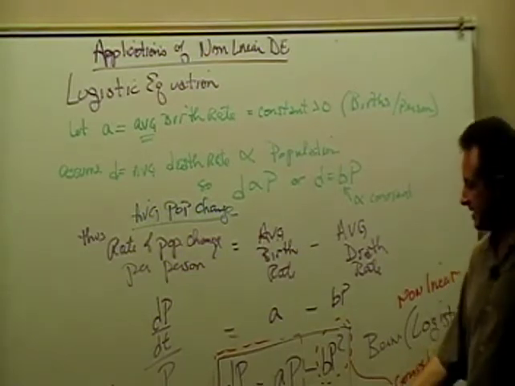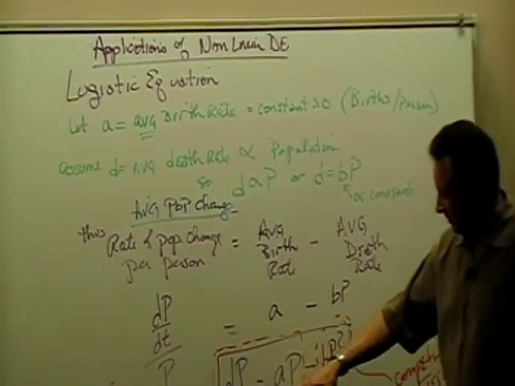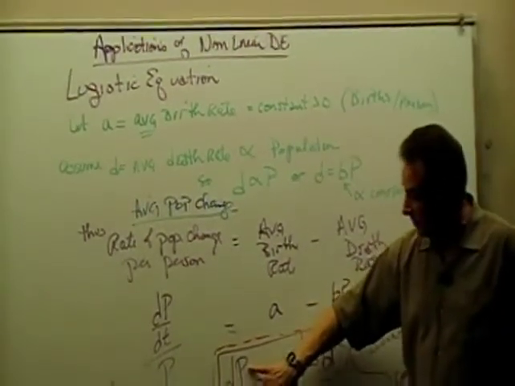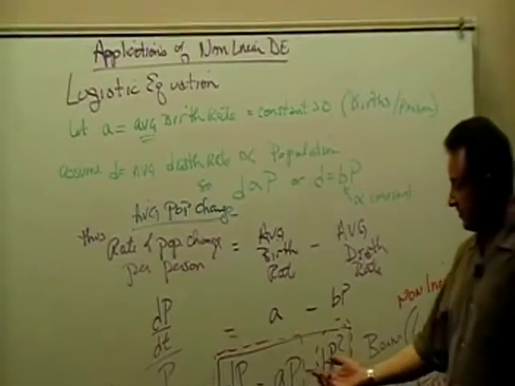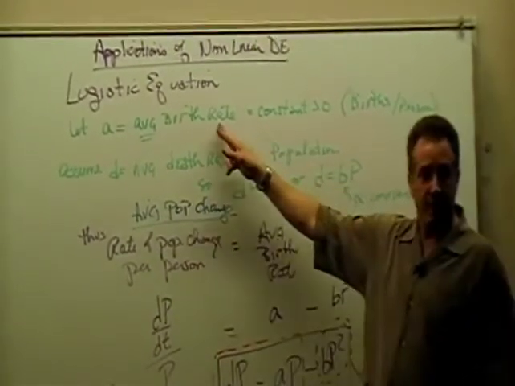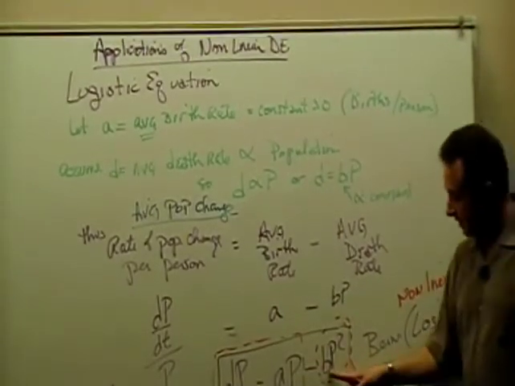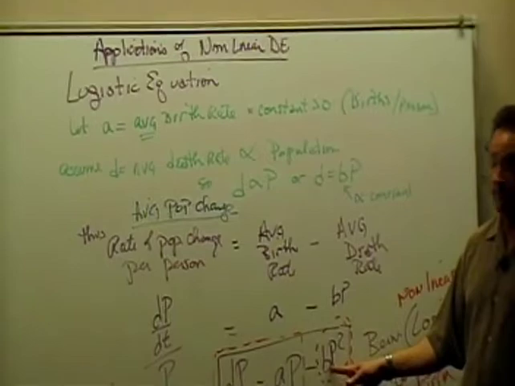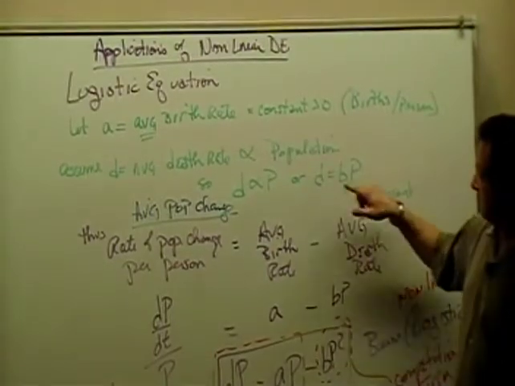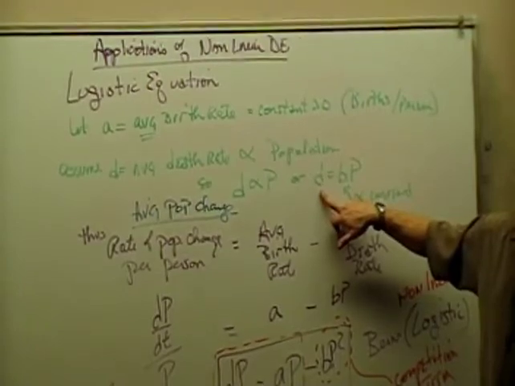Okay? Now, something you need to know about this equation. Notice the rate of change of the population with respect to time is really a function of two things. It's a function of A, which is the average birth rate, how many births you have. And then obviously you're subtracting out a term that has BP in it, which has to do with your death rate.